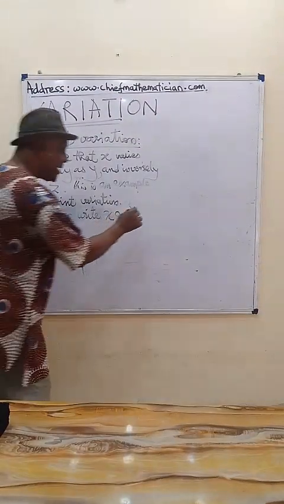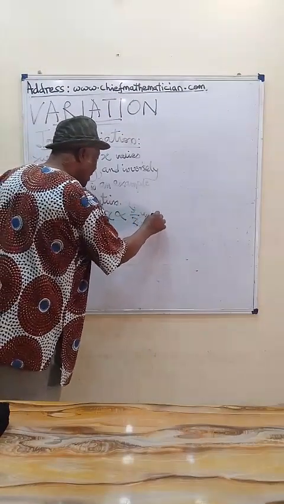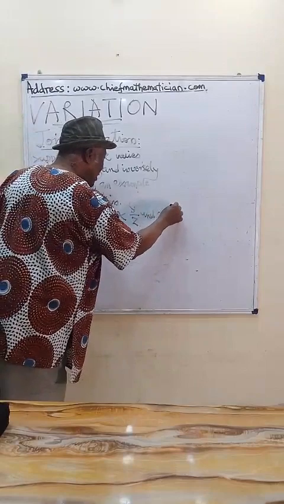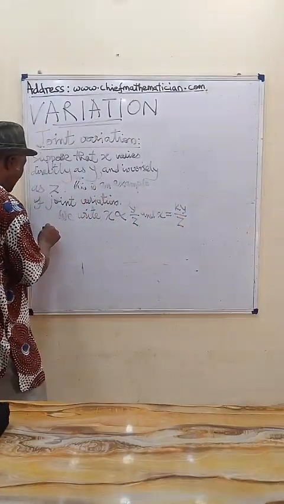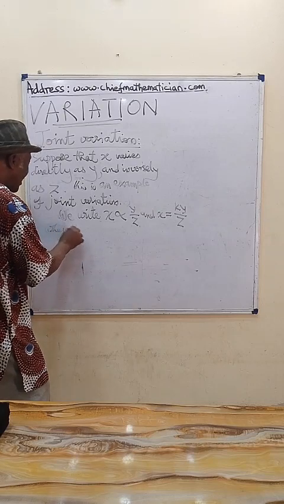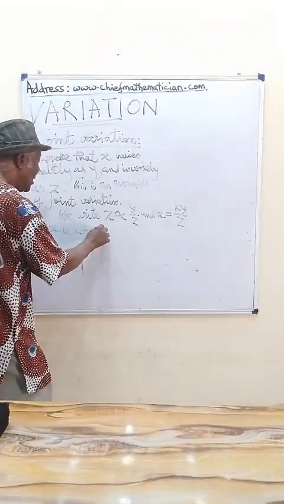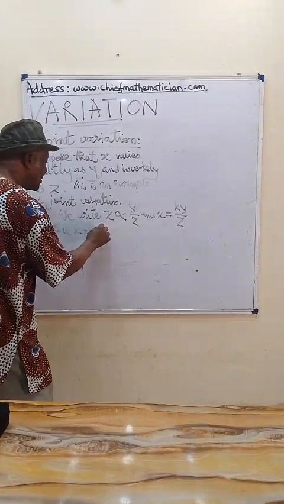Please take note. And x is equal to ky over z, where k is equal to a constant.